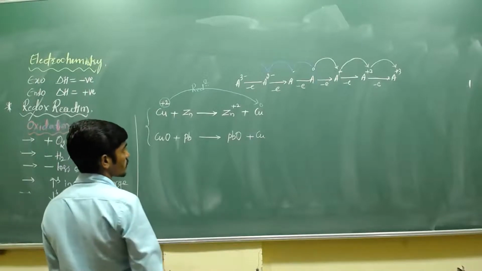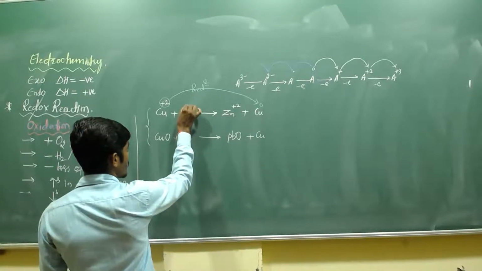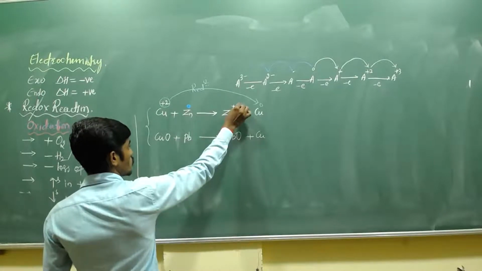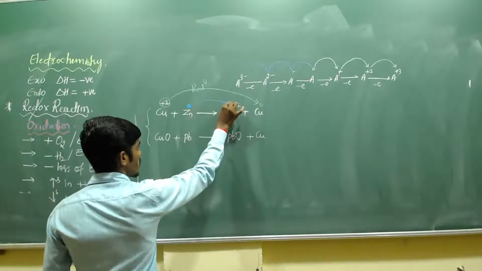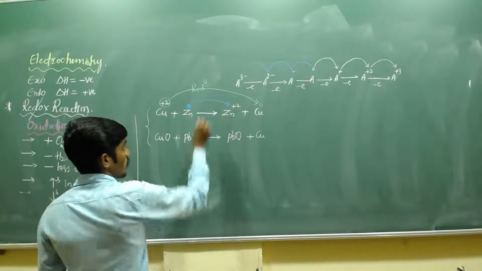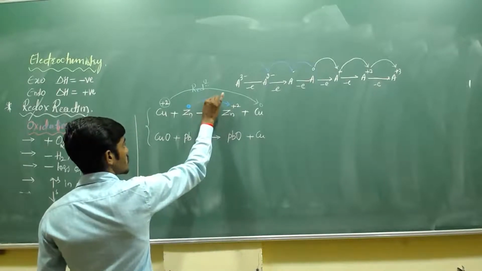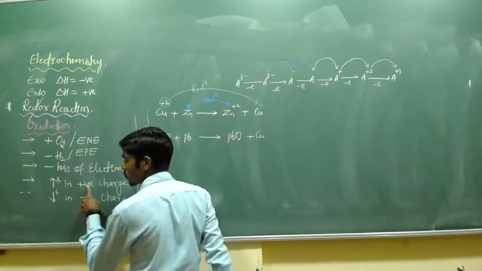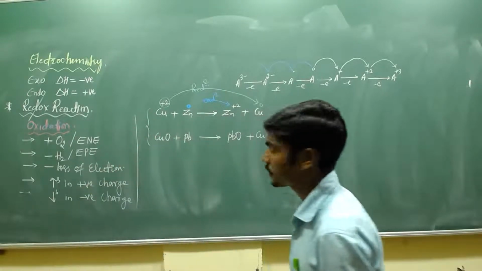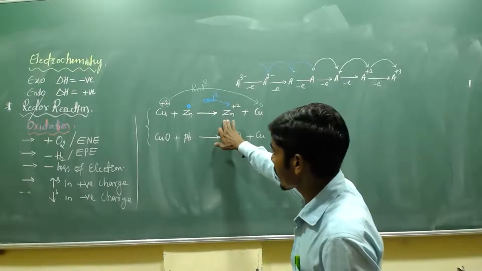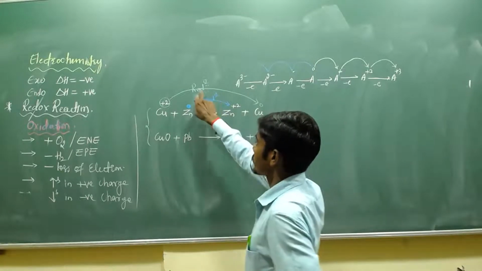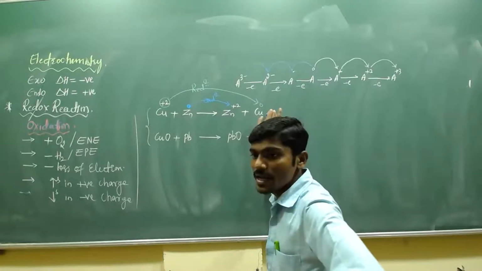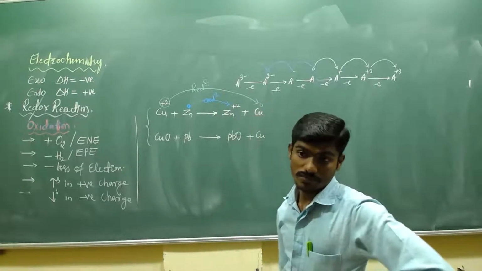Whereas for zinc, the oxidation state is 0 to +2. Positive charge increases. Increase in positive charge is known as oxidation. So in the same reaction, oxidation as well as reduction is taking place. We can say this is a redox reaction.